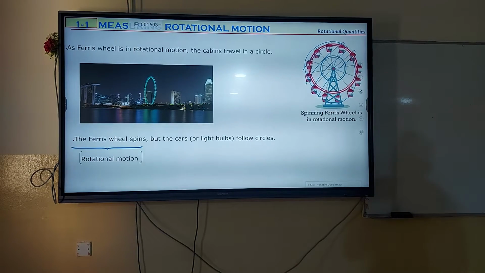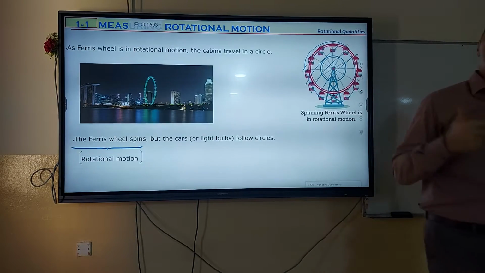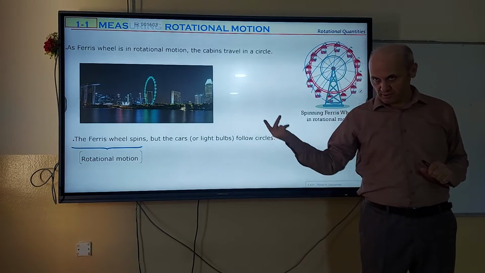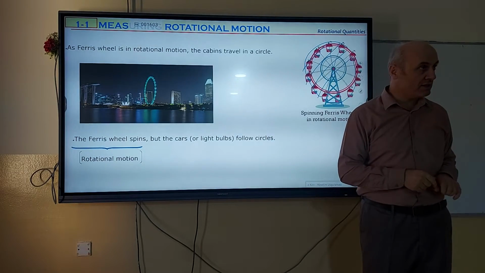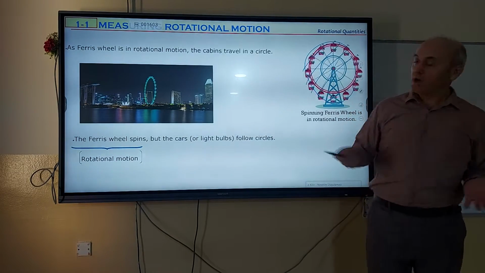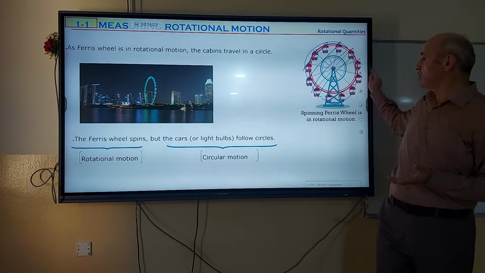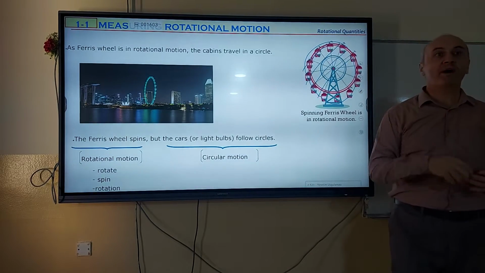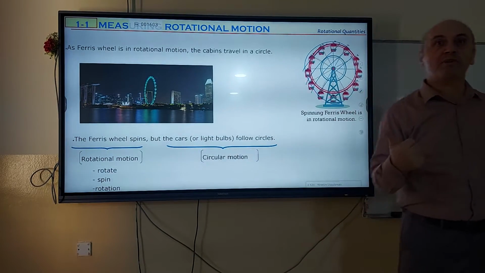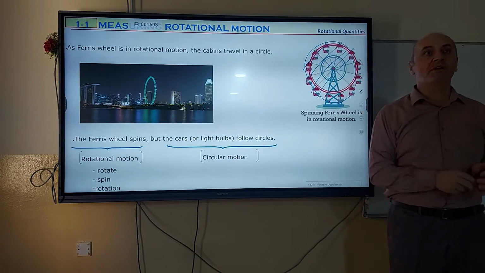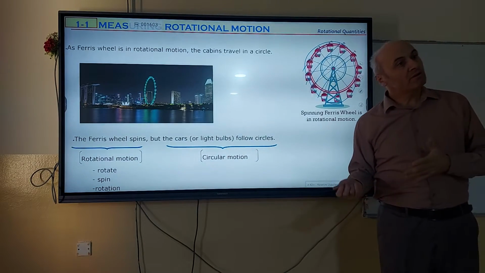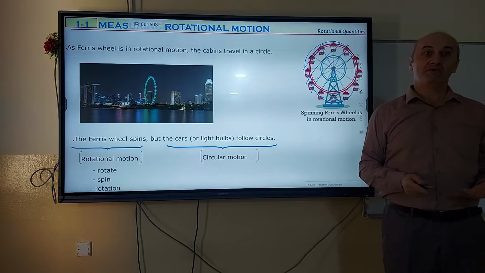Rotational motion is generally defined by some keywords. One of them is rotate, the other one is spin. Rotate and spin. Circular motion is defined by some keywords. One of them is revolve, the other one is orbit, and also travel.